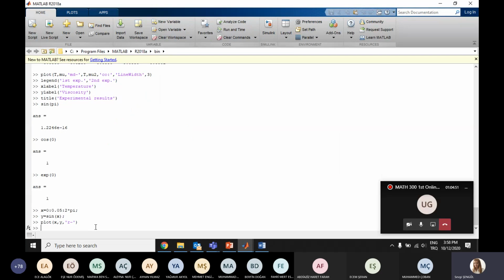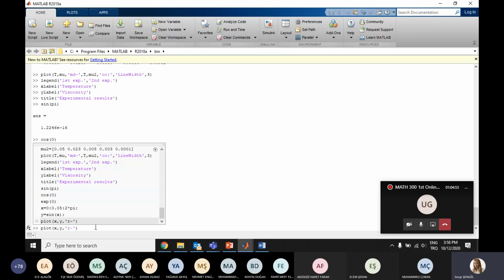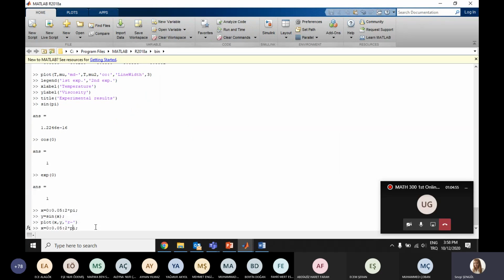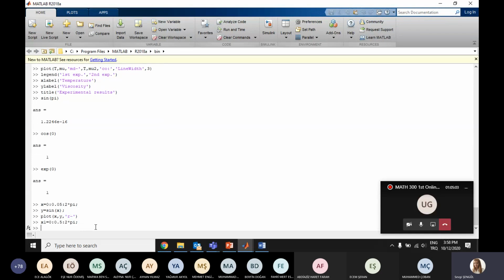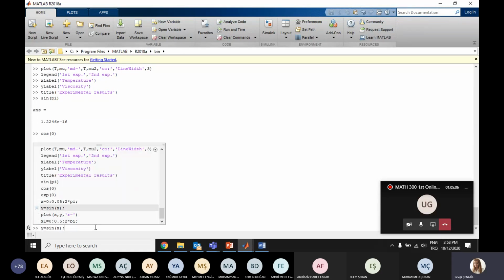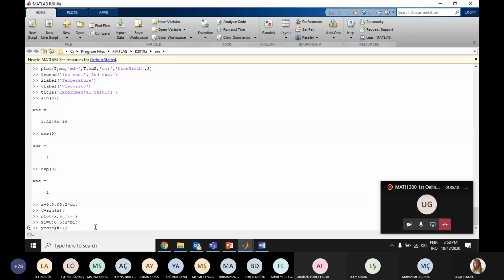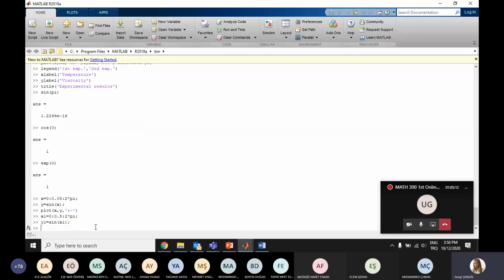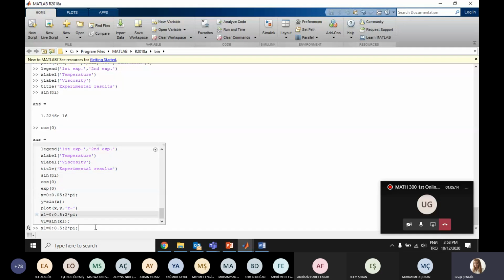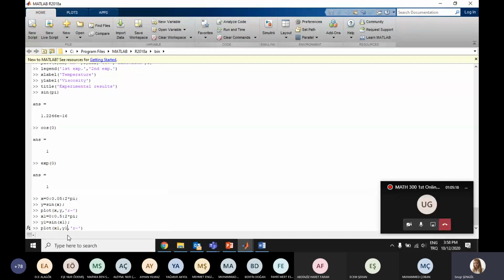I want to show you something else. Let's say I will define another x, let me say x1, but the increment will be 0.5. So I increase the increment. Okay, let me call y1, define it the same way, and let's plot it. x1, y1, I am plotting it this time.